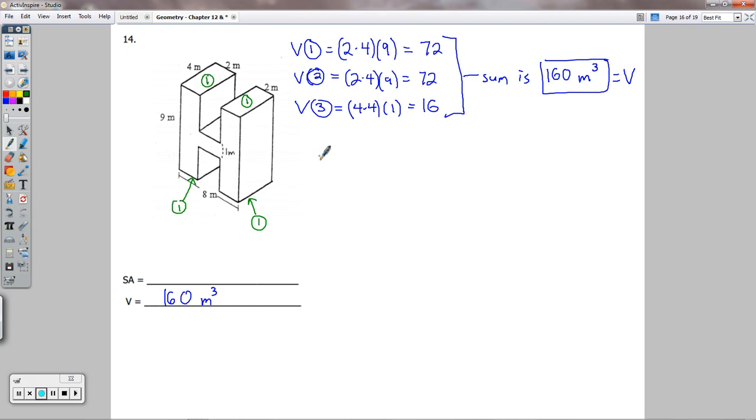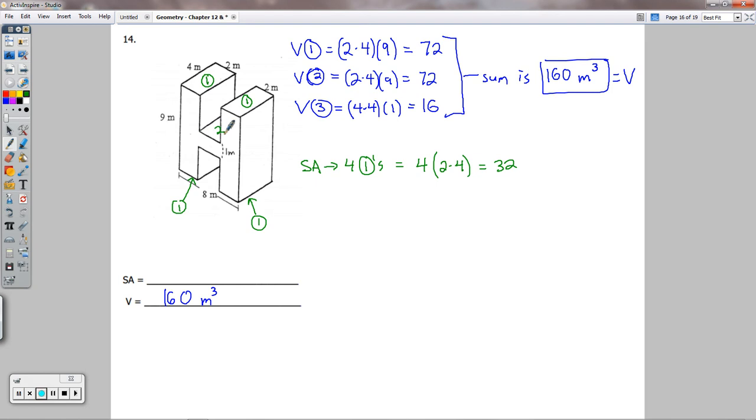So I'm going to have 4 of those for surface area. Each one would be 2 by 4. So 4 times 2 times 4, that's 4 times 8, so 32 for those 4 parts.